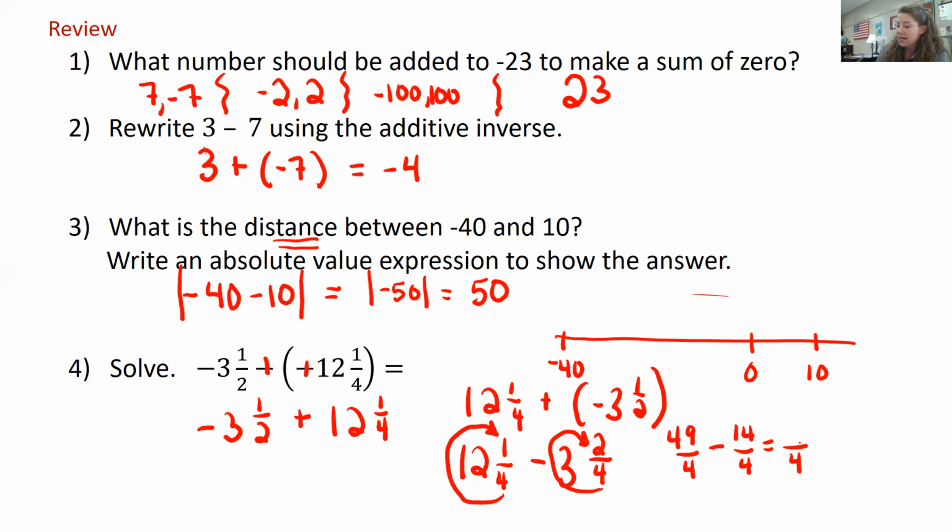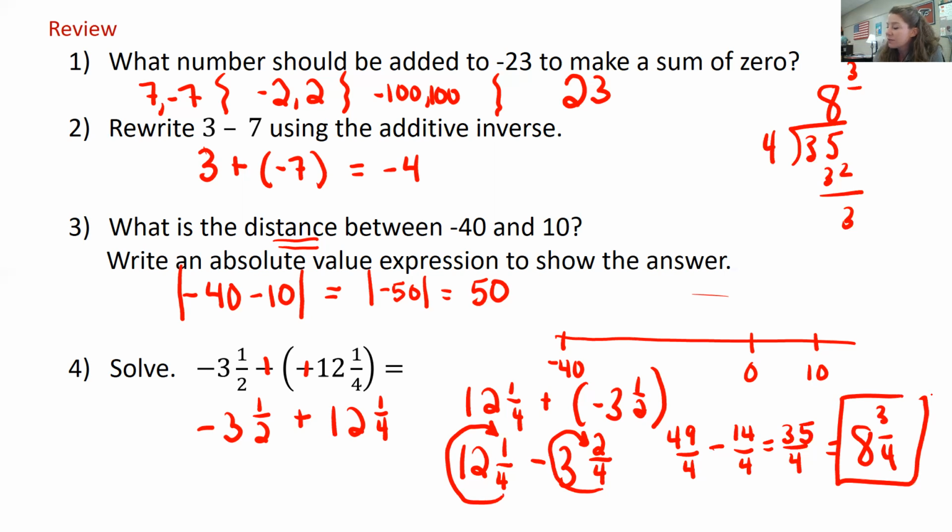So 49 minus 14 is 35. Then we turn it back into a mixed number. What is 35 divided by 4? Well, 4 will go into 35 8 times with how many left over? 3. So our answer is 8 3/4.